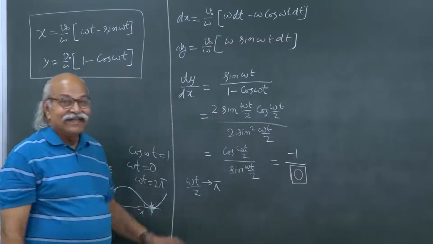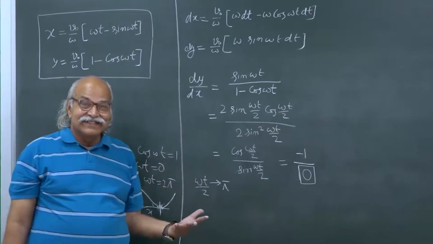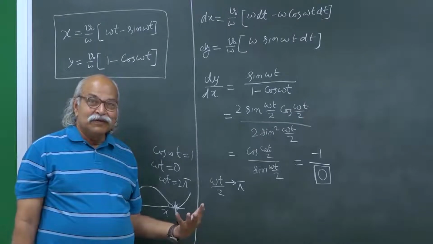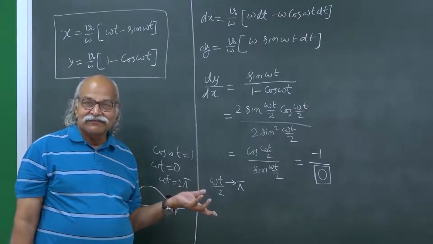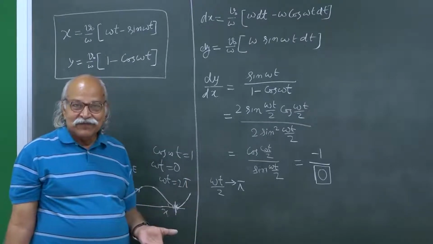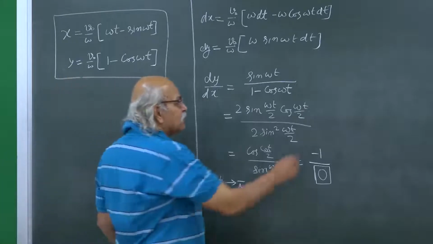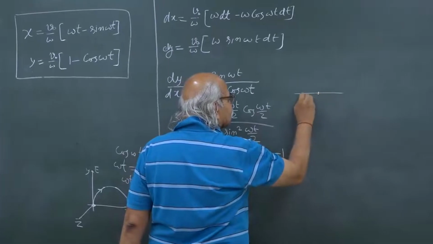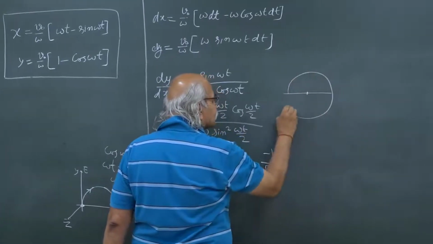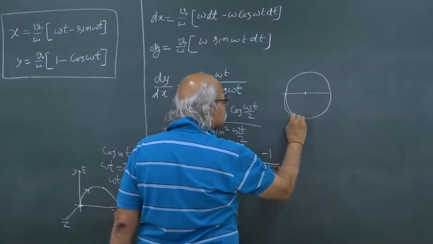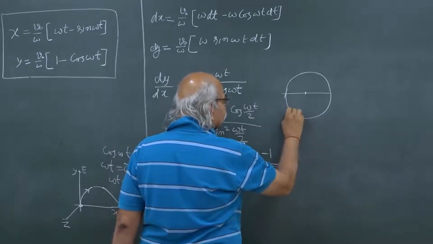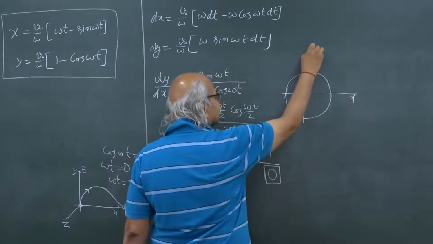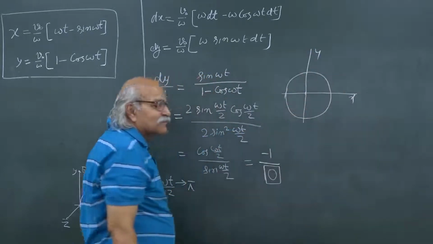So, it is infinity. The slope is becoming infinity, and slope becoming infinity is not an uncommon thing, because if you have a curve, for example, let us say a circle, this, you have a circle, okay, this is your x axis, this is the y axis, and some radius.